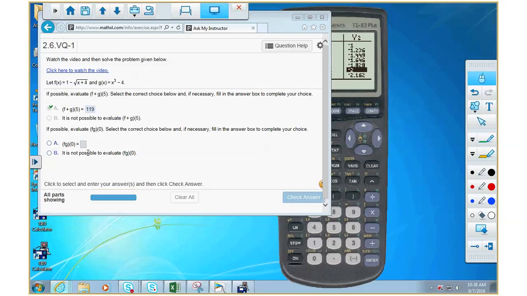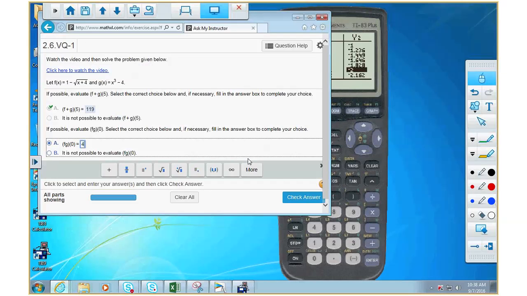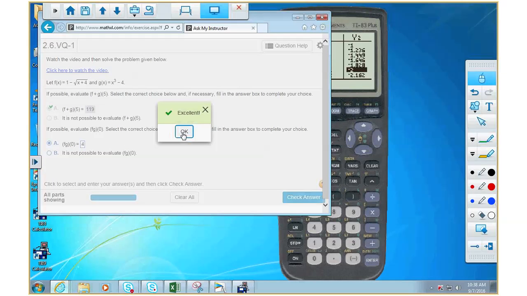Okay, f of g of 0. What is 0 minus 4? -4. All right, hold that in your brain. And what's 0 plus 4? 4. Square root of 4? 2. 1 minus 2? -1. What's -1 times -4? 4. We feel good about ourselves.